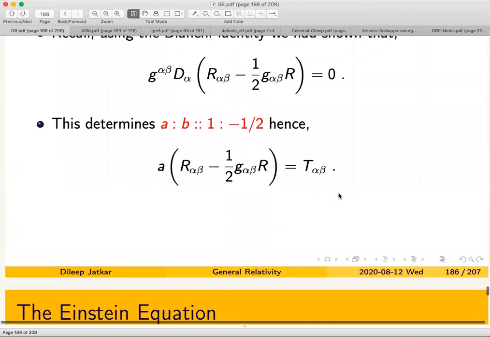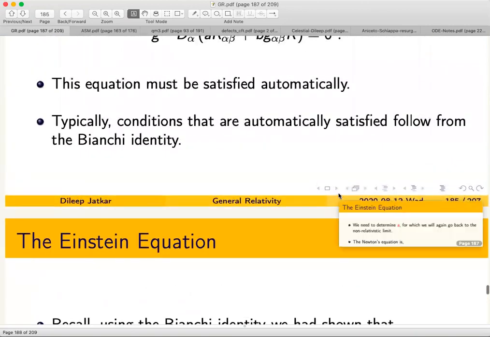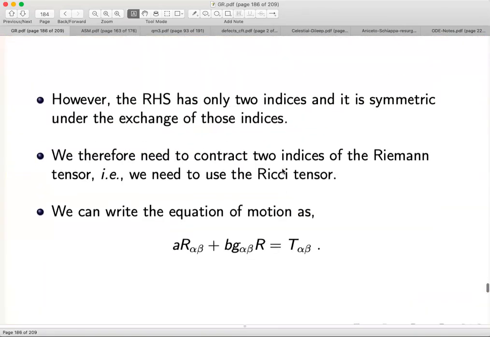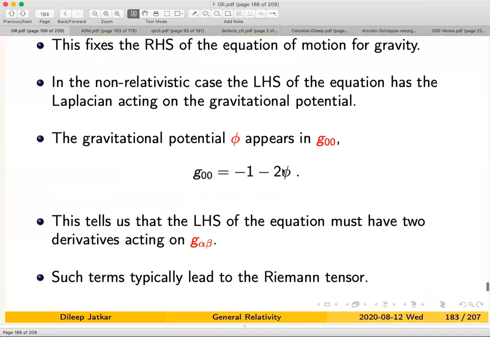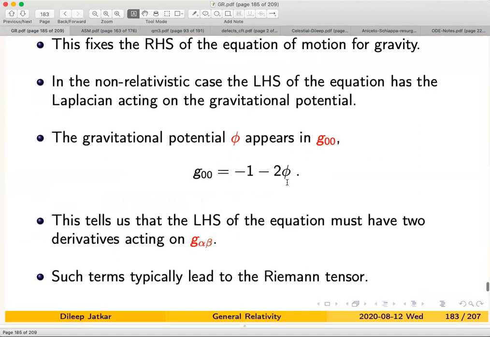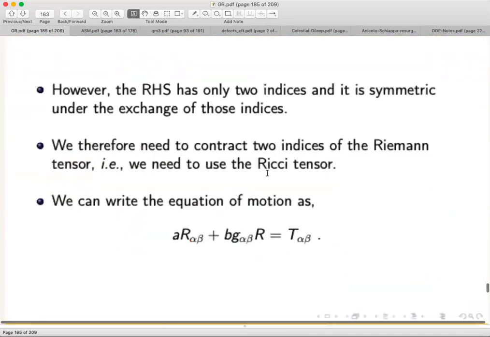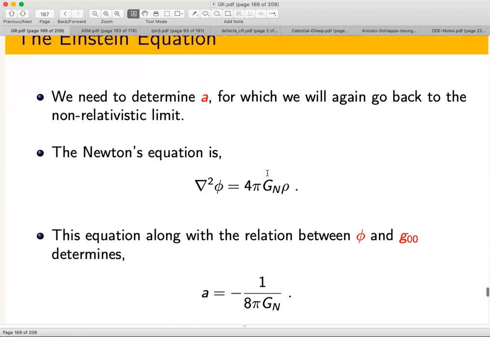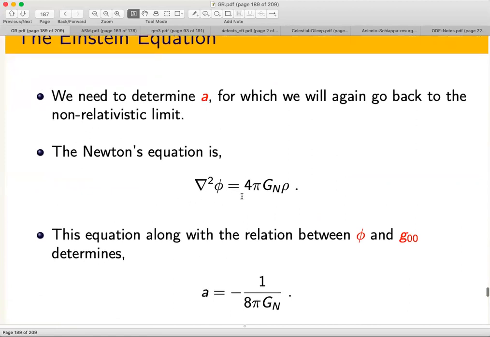So let me just go back and show it to you again. Here's the thing. We'll try to bring Newton's equation into this form. Minus 1 has no role to play because there are two derivatives acting on it, but you can convert this equation by multiplying by minus 2 on both sides and replacing minus 2 phi by G00.